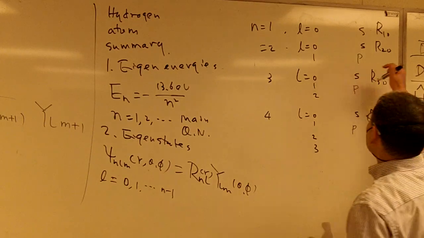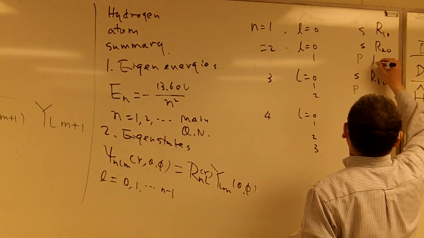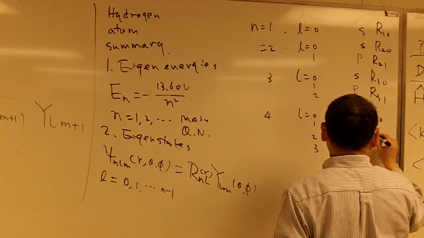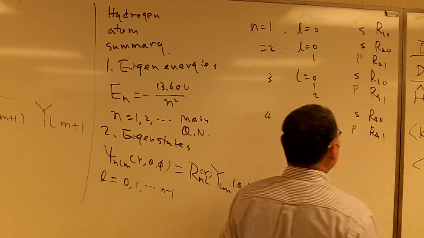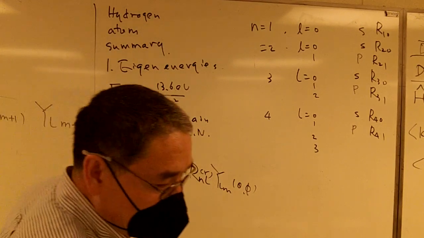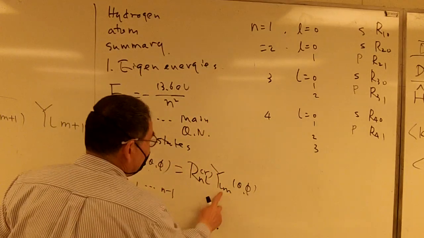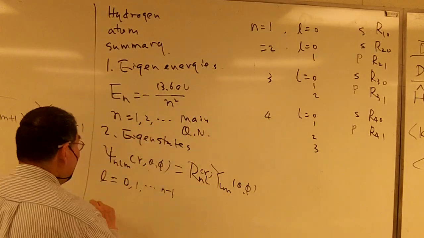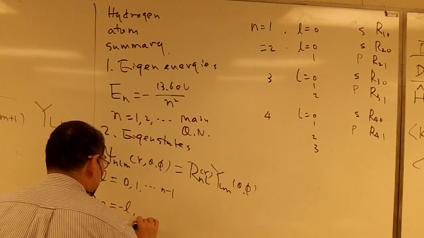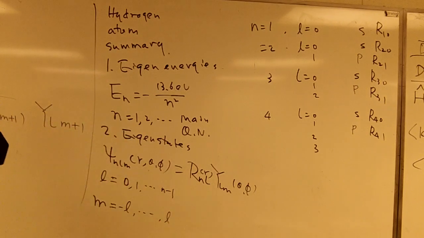And then for the p states, you're going to write R21, R31, R41, like these ones. And these are the nL states which you have, the radial part. Now, the angular part has L and m in it. This m, called the magnetic quantum number, starts from negative L all the way to positive L, like this.